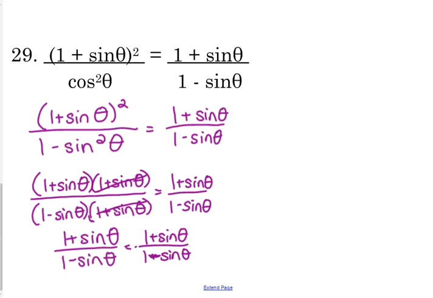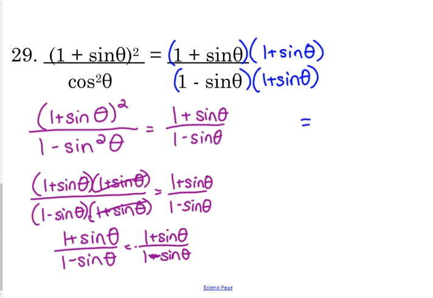So here's what we would do if we started on the right side. The only thing mathematically that we can do is multiply by the conjugate of the denominator. So the conjugate of the denominator would be 1 plus the sine of theta.